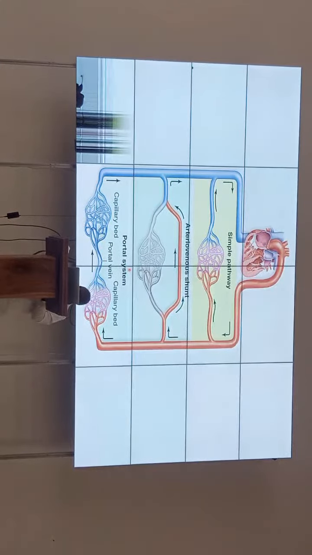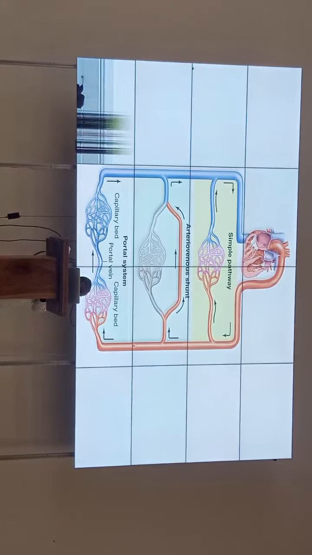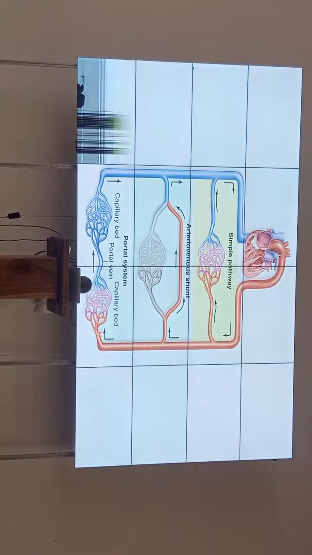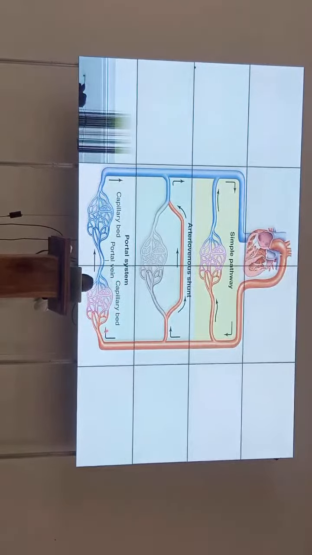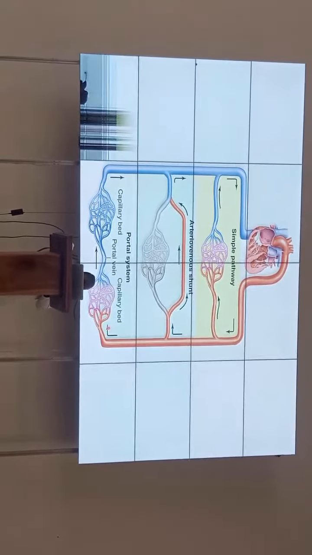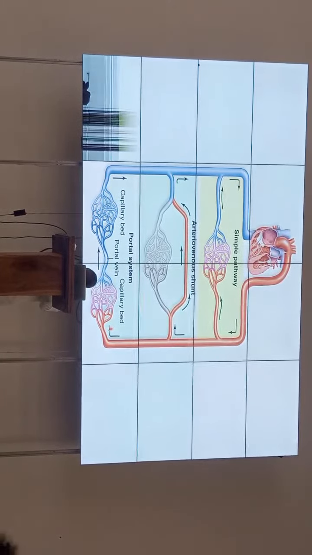Let's see where we can find this portal system. Here is our blood coming from the heart, isn't it? Through the aorta, that blood goes to the intestines. This capillary network is in the intestines. What happens in the intestines?